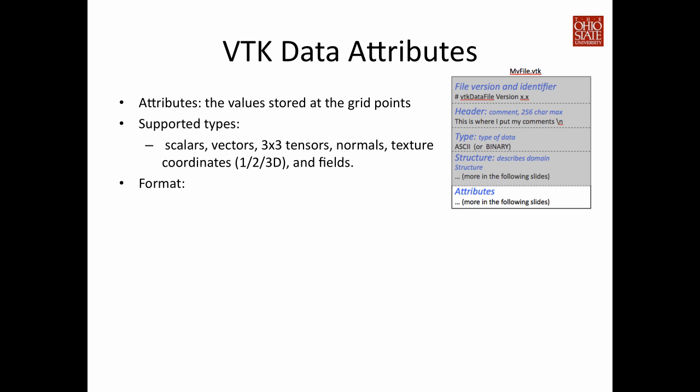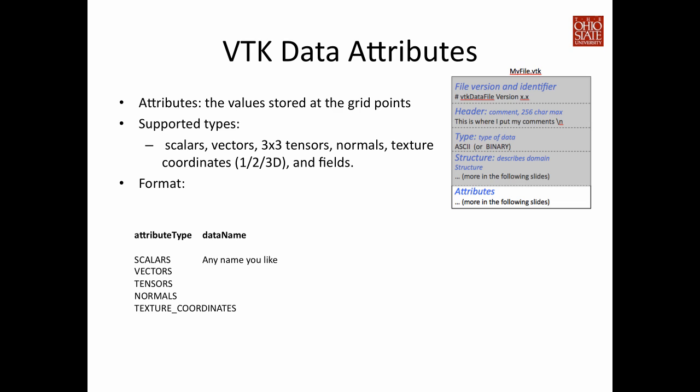Now let's move on to talk about the final portion of the VTK file, the data attributes. To specify attributes, first of all, we need to specify the type of the attributes. The data attributes that VTK supports include scalars, vectors, 3x3 tensors, surface normals, texture coordinates, and something called field attributes.